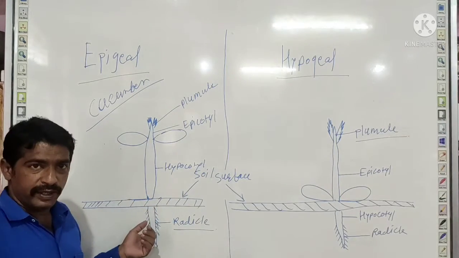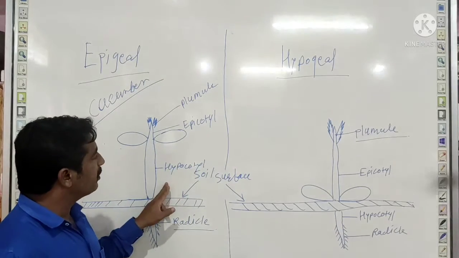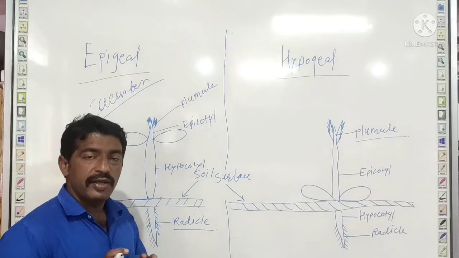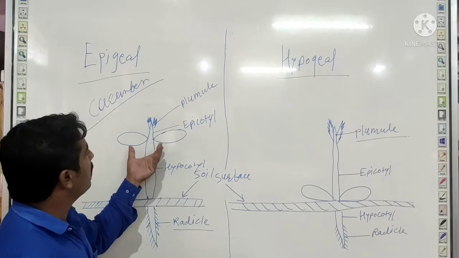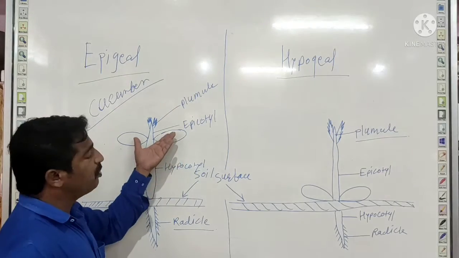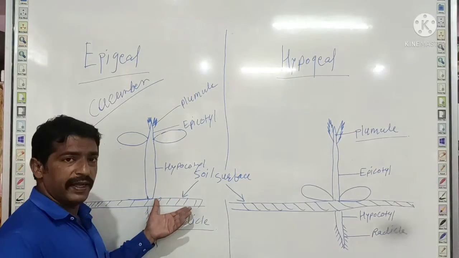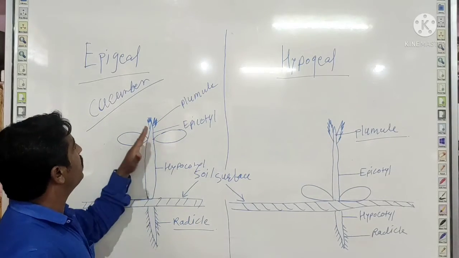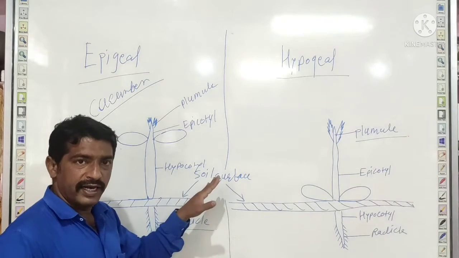In epigeal germination, before the elongation of the epicotyle, the hypocotyle region of the embryo axis elongates first very rapidly, and with it carries the two cotyledons above the soil surface into the air. So these cotyledons are raised out of the soil surface into the air. This type of germination is called epigeal germination, where the hypocotyle elongates.